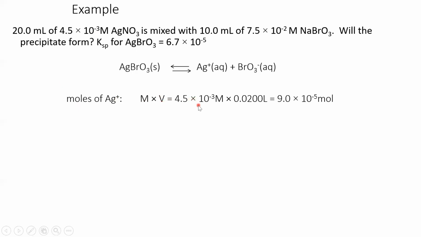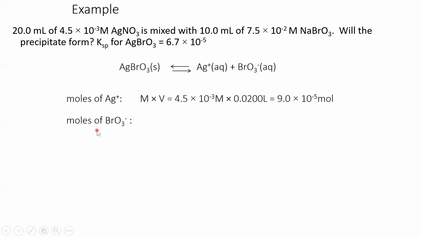So 4.5 times 10 to the minus 3 times 0.0200, where we're just converting milliliters to liters, tells us that we've got 9.0 times 10 to the minus 5 moles of silver ions in the solution when our two solutions mix together.